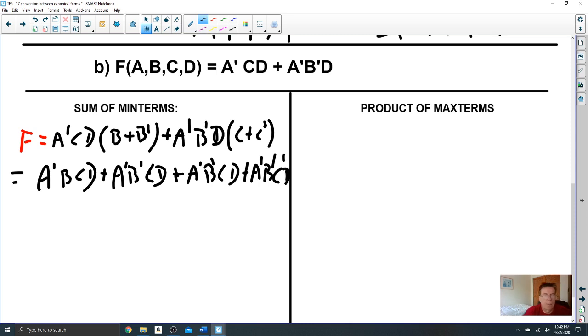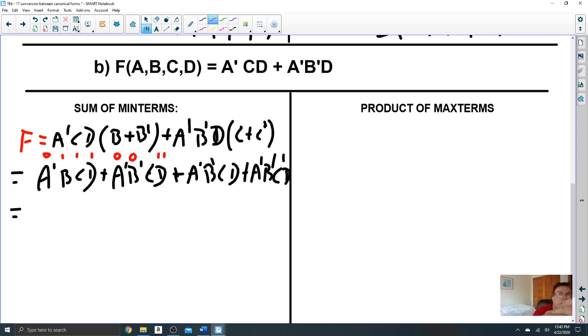Okay, looks like we have minterms. Now let's find what minterms these are. So this minterm is 0, 1, 1, 1. Oh, minterm 7. This one is 0, 0, 1, 1, and so forth.